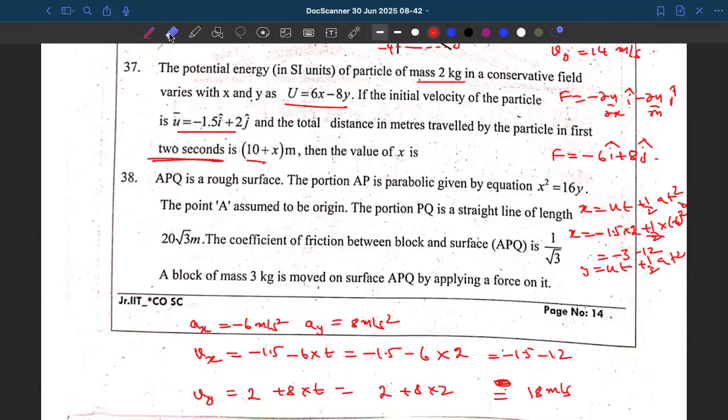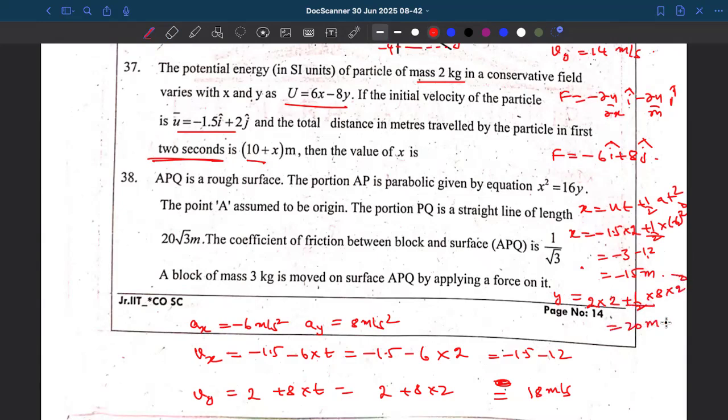Finally, this will become minus 15 meters. y is equal to 2 into 2 plus half into 8 into 2 square.